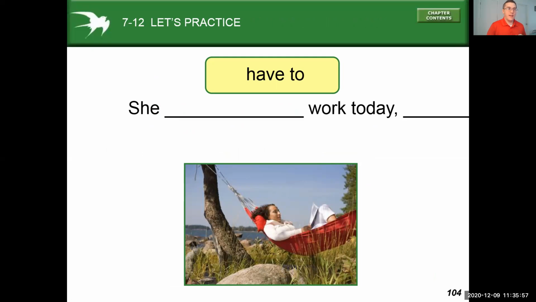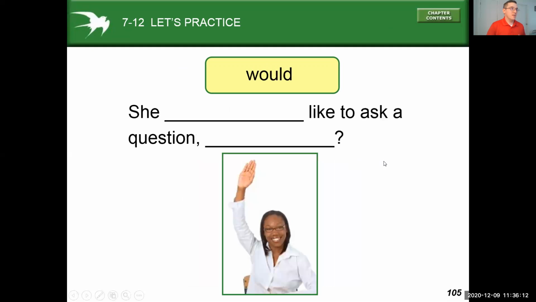She doesn't have to work today. Does she? We can see she doesn't have to work. She looks like she's relaxing. She would like to ask a question. Wouldn't she?